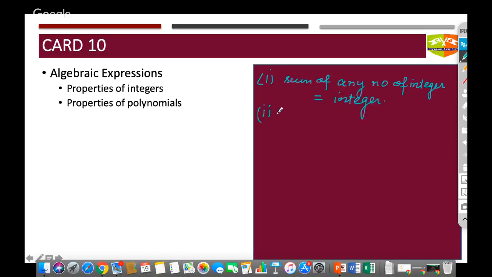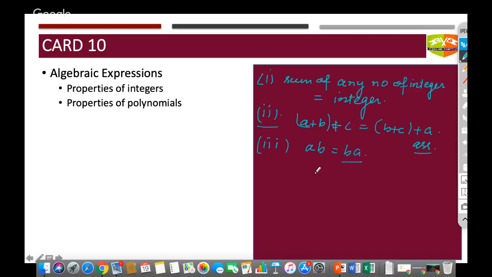The second property is the associative law and commutative law, which I have already discussed. The associative law is a plus b plus c, and I put it in the bracket, is equal to b plus c plus a. So this is your associative law, and the commutative law tells me that a into b is equal to b into a.